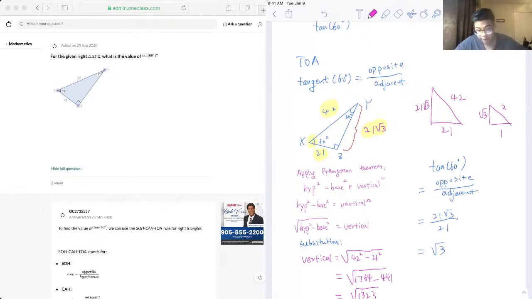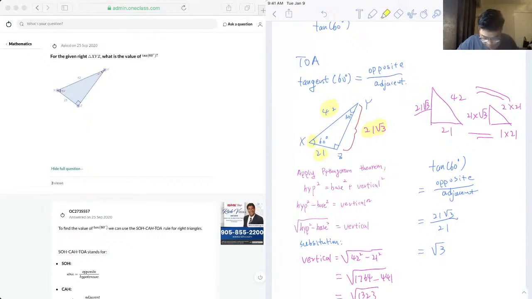So you can tell it just simply times each side by 21. 1 times 21 will be 21, root 3 times 21 will be 21 root 3, and 2 times 21 will be 42. So our answer is correct.